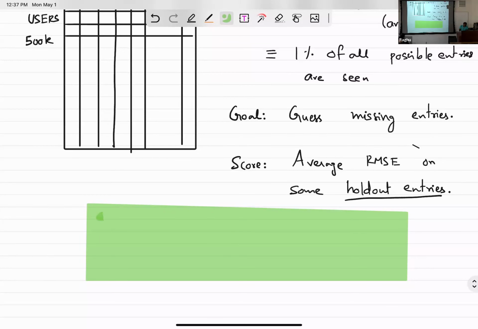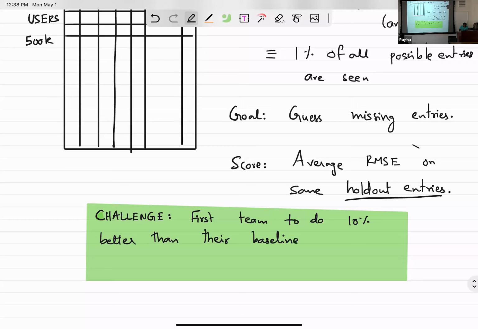But they said the challenge is the first team to do 10% better than their baseline gets 1 million.